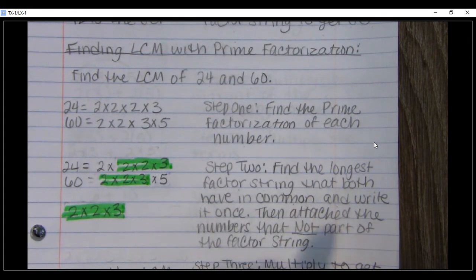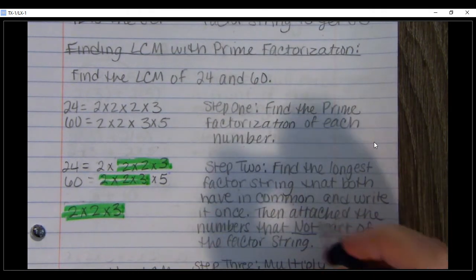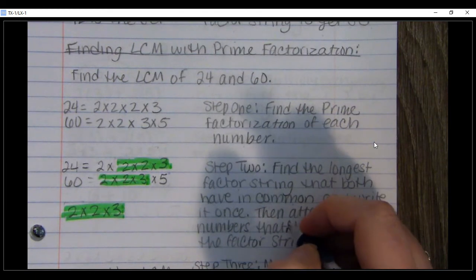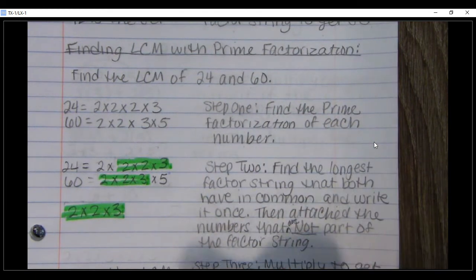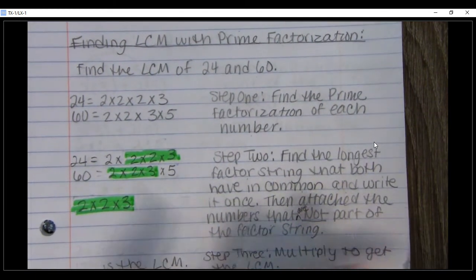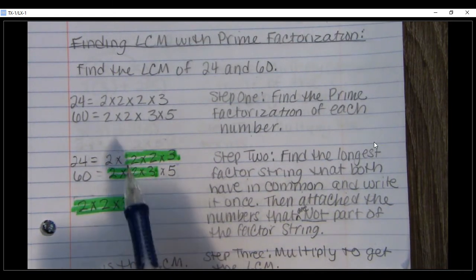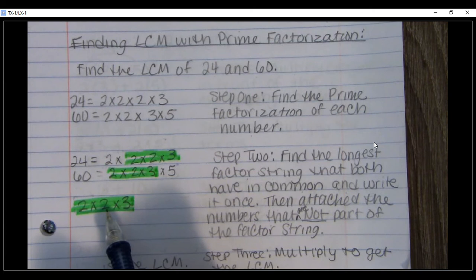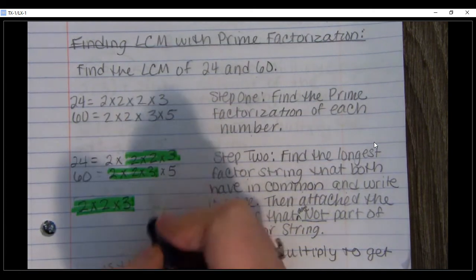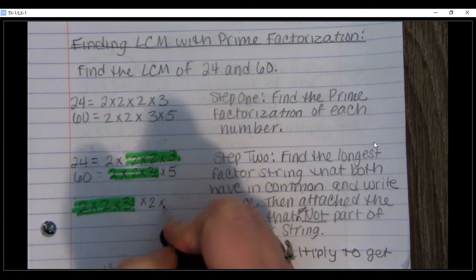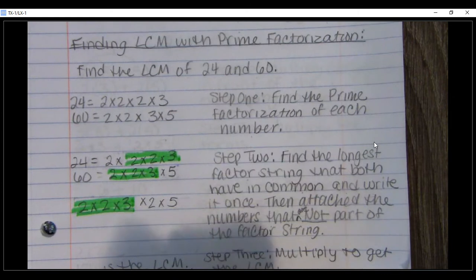Okay, looking pretty good. Then attach the numbers that are not part of the factor string. We should add the ones that are not in there. Okay, so taking a look at it, I see that 2 and 5 are not included in this section right here. So I'm going to add my times 2 and my times 5 at the end.